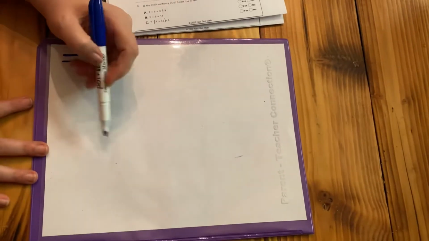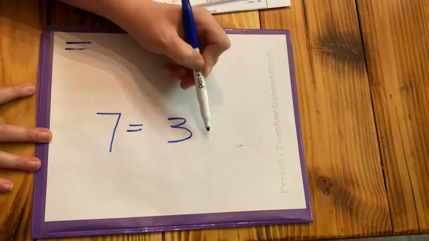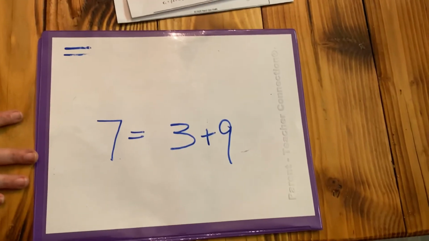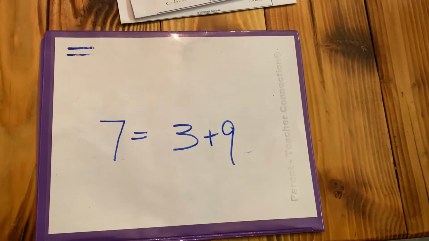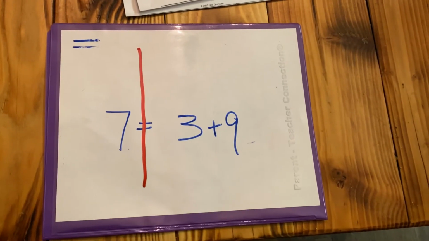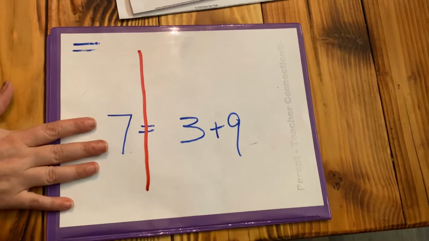Looking at my question, I have 7 equals 3 plus 9. I am going to split my equal sign. This side has 7, so I automatically get to leave it alone.